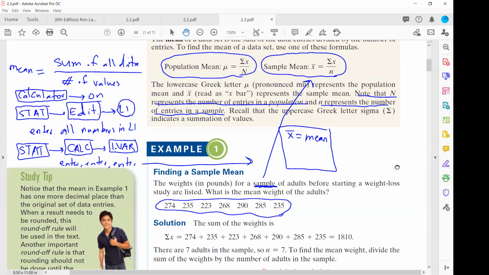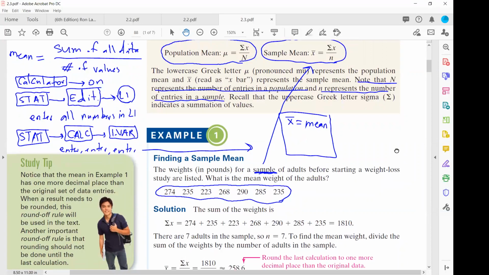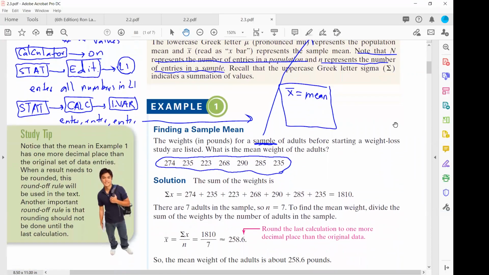To find the mean, you add all of the data together, 274, 235, 223, and so on. The outcome is 1,810. Then the mean of the sample is the sum divided by the number of entries in your collection, which is 1, 2, 3, 4, 5, 6, and 7.